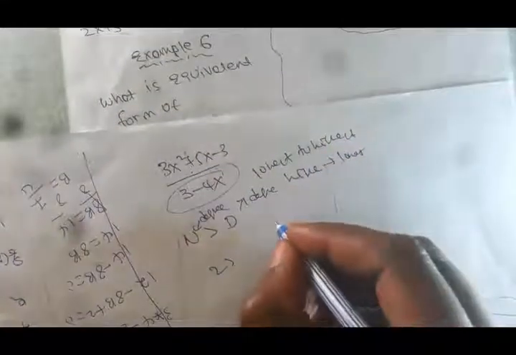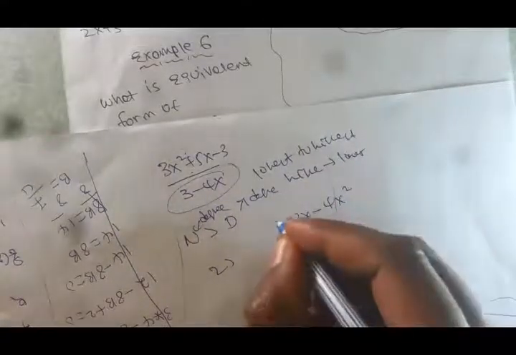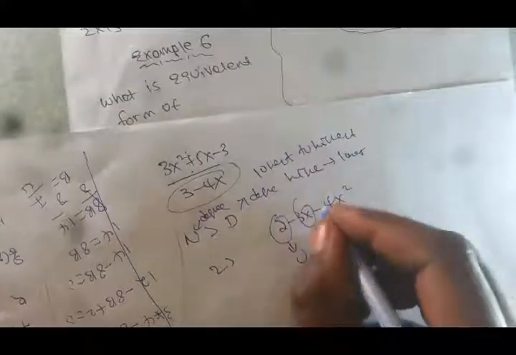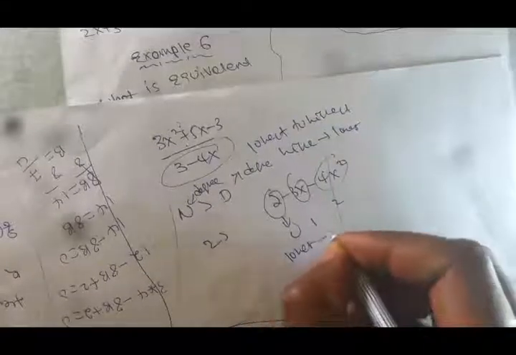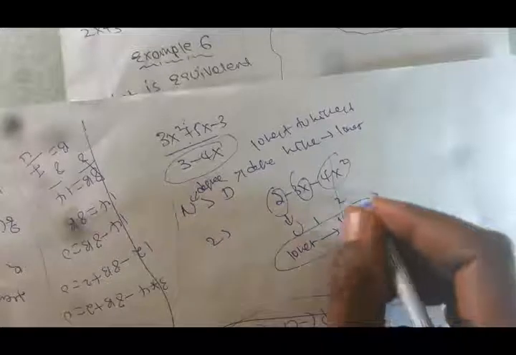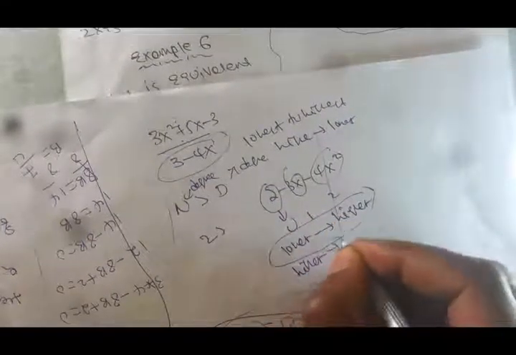For example, when you are given 2 minus 3x minus 4x squared, the degrees are: this is degree 0, this degree 1, this degree 2. So it was arranged from lower to higher, but this is not good. The standard form states it must always be arranged from the higher value to the lowest value.